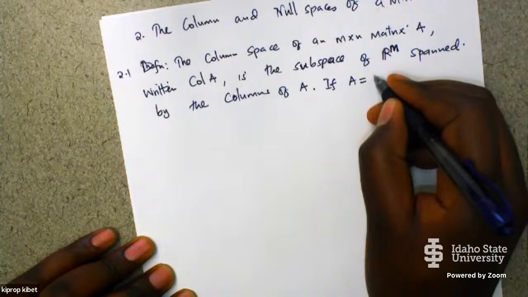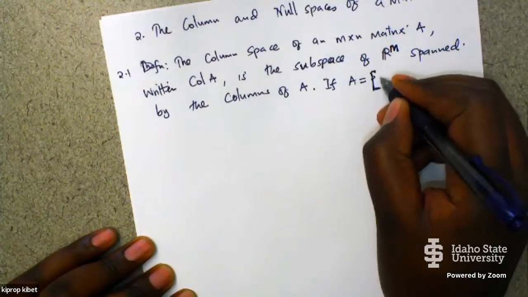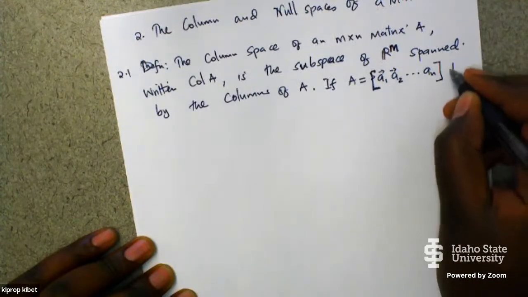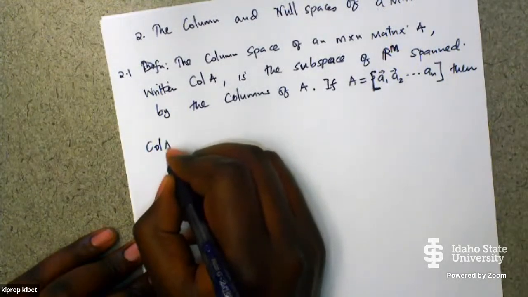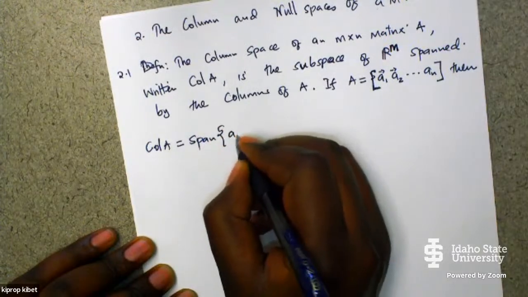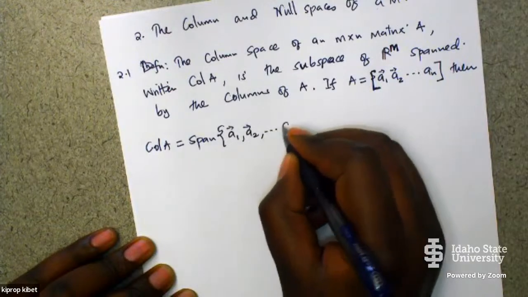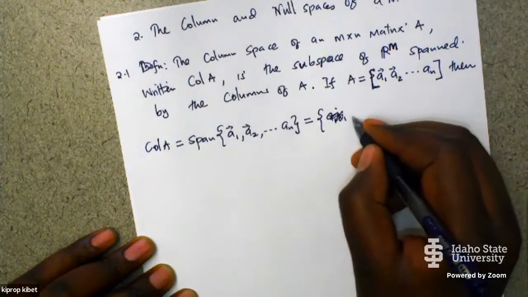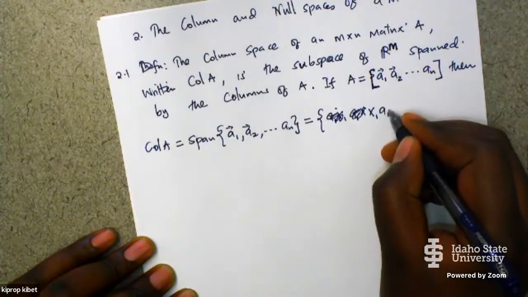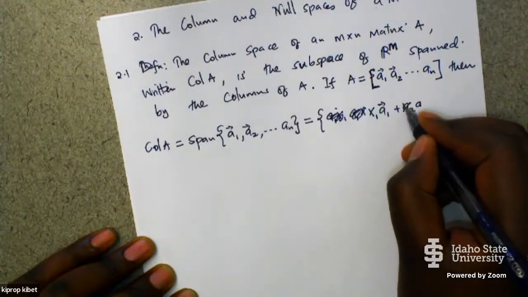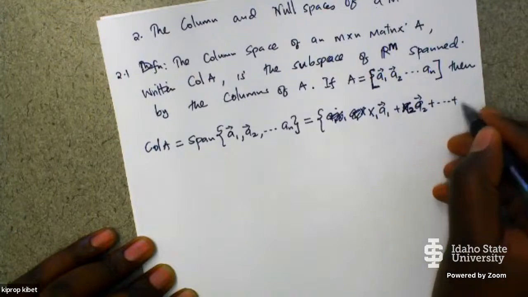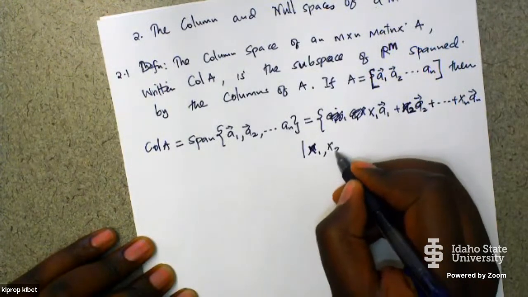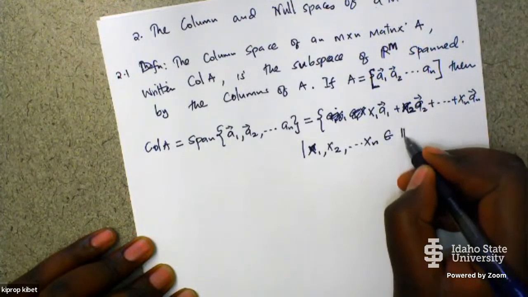If A is equal to A1, A2, ..., An, then the column space of A is equal to the span of A1, A2, all the way to An, that is, x1 A1 plus x2 A2 plus ... plus xn An, such that x1, x2, ..., xn are elements of the real numbers.